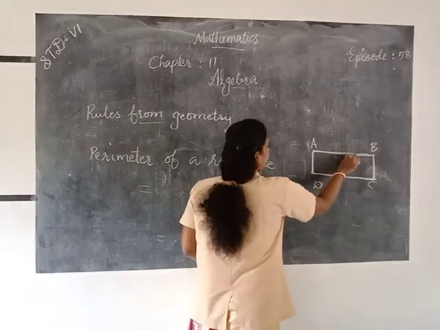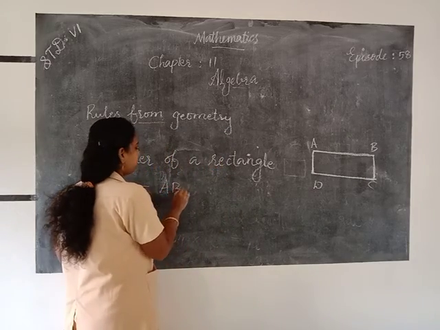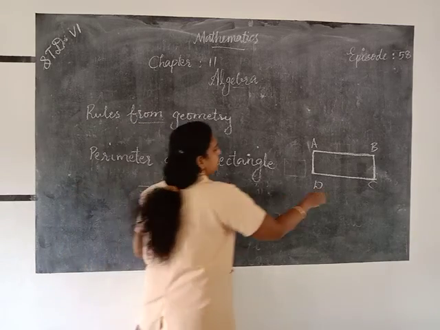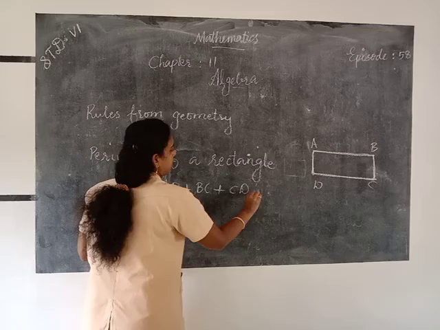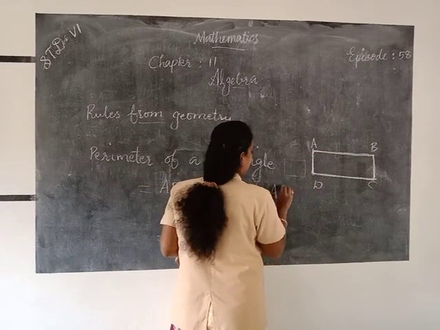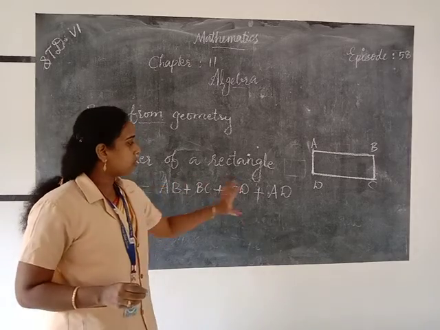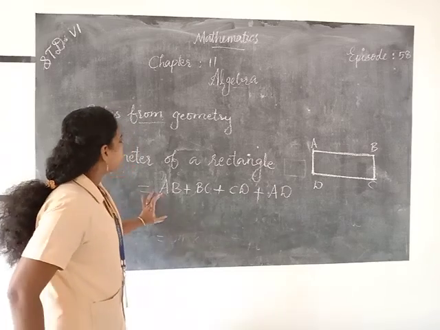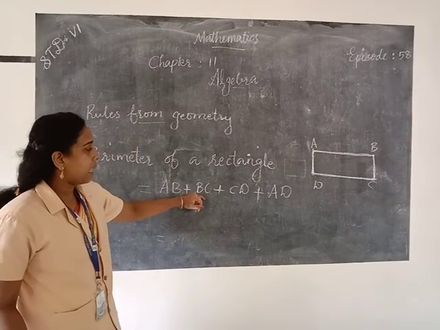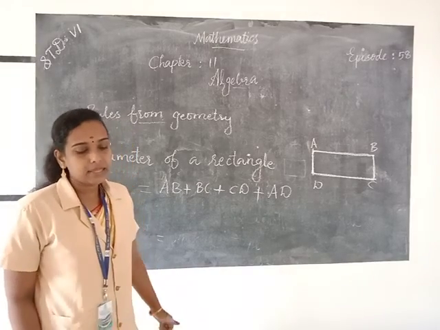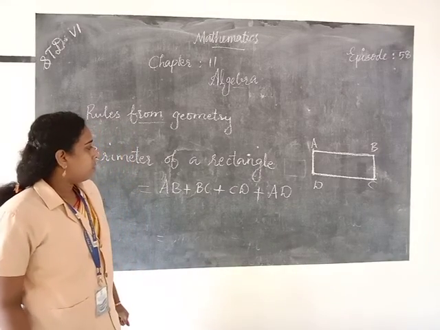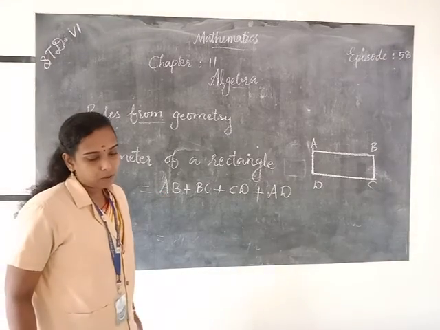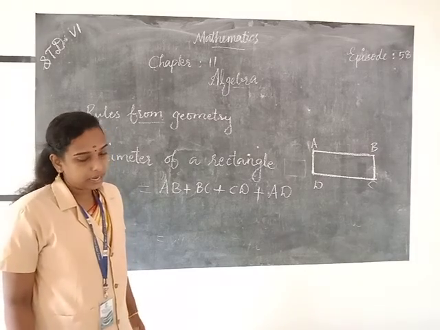The first side is AB, plus BC, plus CD, plus AD. When we add these four sides, we get the perimeter of the rectangle. This means length of AB plus length of BC plus length of CD plus length of AD.